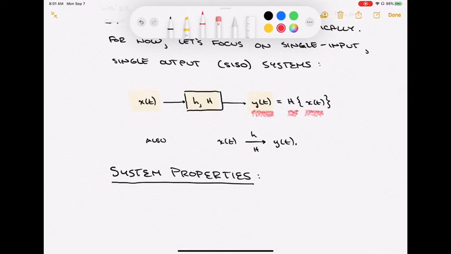I'm going to use a little bit more careful notation that is found in the book. When I throw in that system h, operating on that input x of t, I'm going to use curly brackets. So that curly bracket is going to be your indicator that this is a system operating on something.